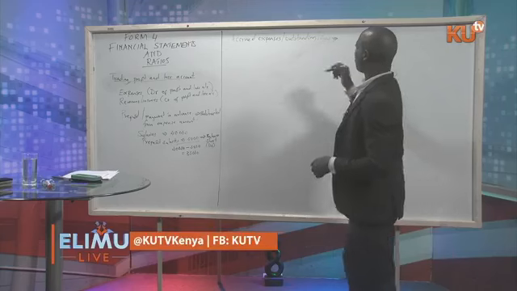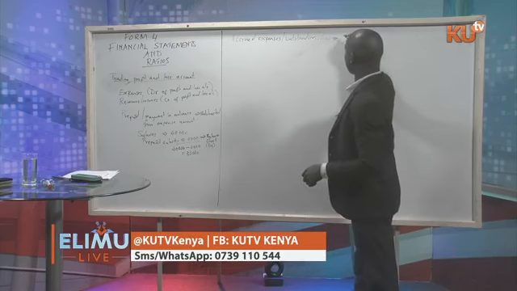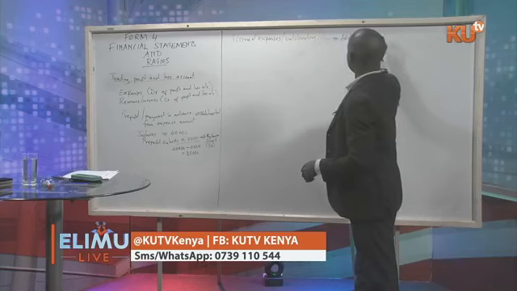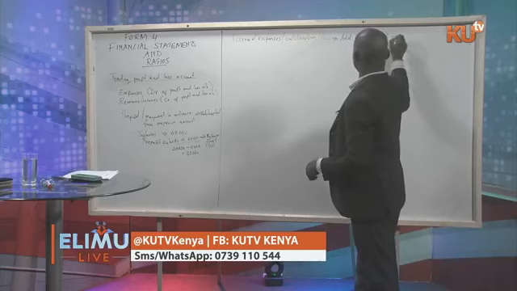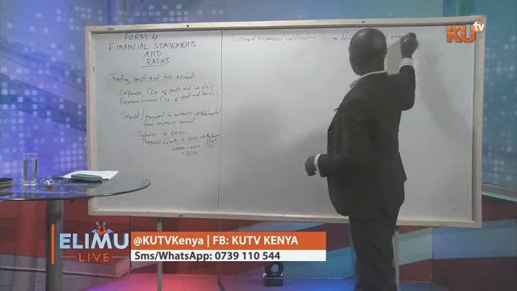what we do is we consider the actual expense account, and then we add the accrued expenses.